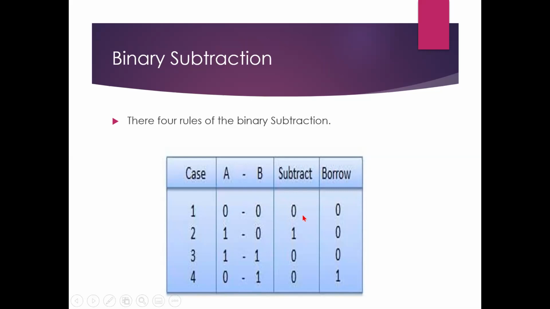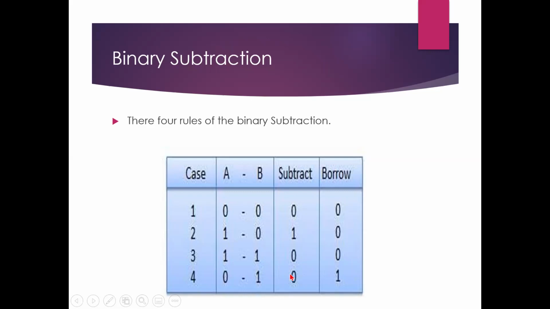When there is 0, no borrowing. 1 minus 0, 1, no borrowing. 1 minus 1, 0, there is no borrowing. 0 minus 1. When 0 minus 1, you need to borrow 1. When you borrow 1, this 1 plus 0, 1, 0, which is equivalent to 2, that 2 minus 1 is equal, your subtraction value will come 1.